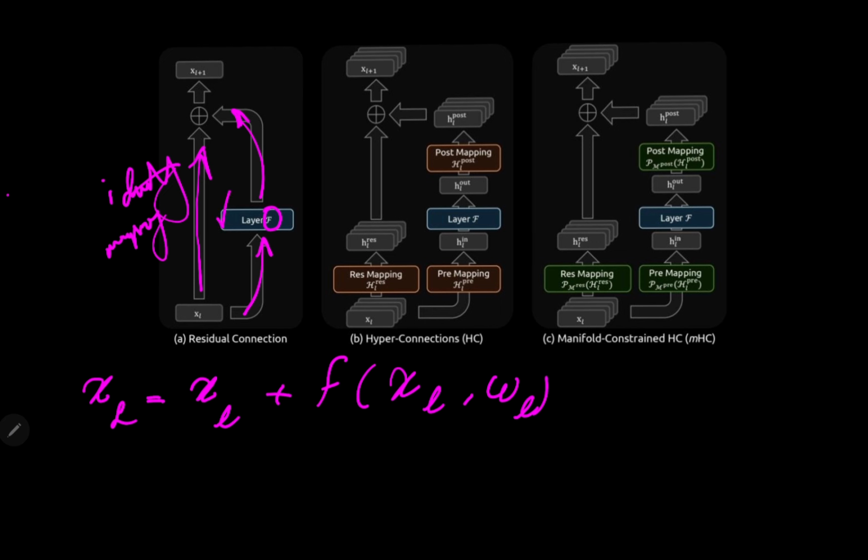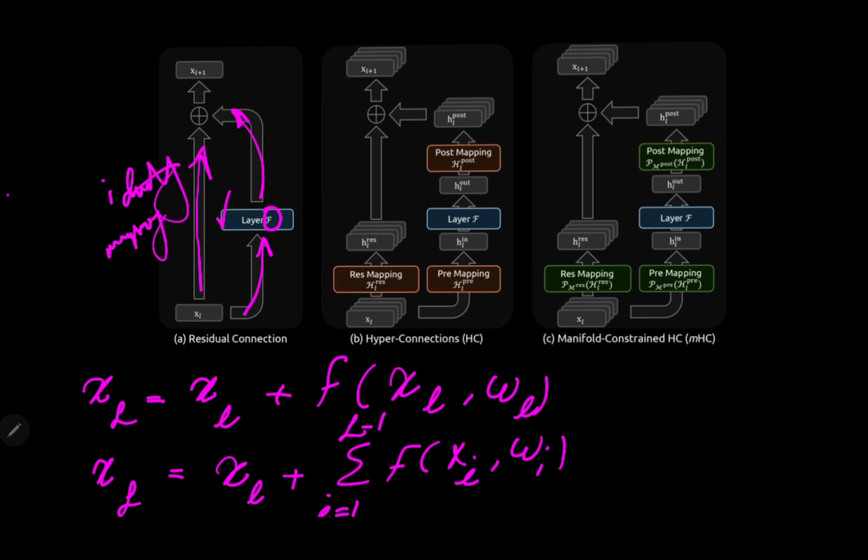And when we have it through multiple layers, it will similarly be x_L equals x_l plus the sum of all these layers, F of x_i and the weights of that specific layer. It's nothing new. We all know it from almost a decade.